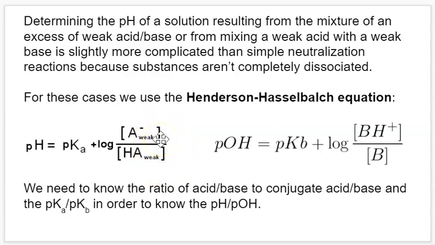If we're looking at a base being in excess, we would use pOH equals the pKb of that base plus the log of the conjugate acid concentration over the unprotonated base concentration at the point in time that we're looking at. We need to know the ratio of the conjugate acid and base and the pKa or pKb in order to figure out the pH or the pOH.